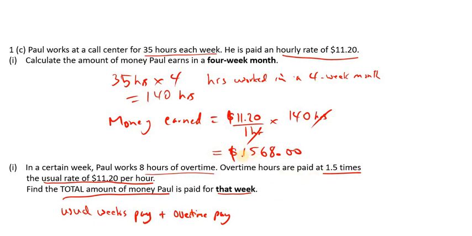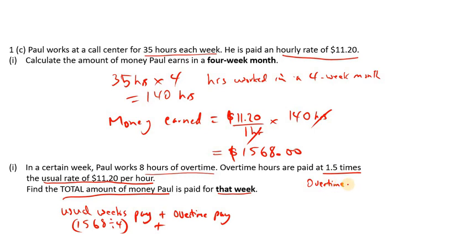Well, since for 4 weeks he gets $1,568, for 1 week you just divide this by 4, right? So it's going to be 1,568 divided by 4. And we're going to add the overtime pay. What's the overtime pay? Well, the overtime pay is paid at time and a half. So it's going to be the overtime rate. Let's calculate the overtime rate.